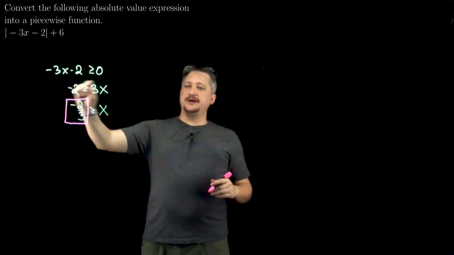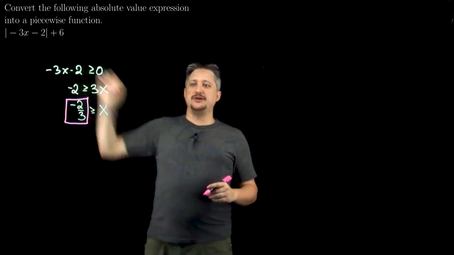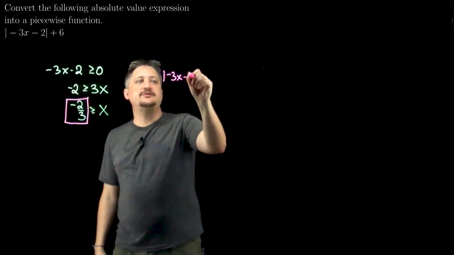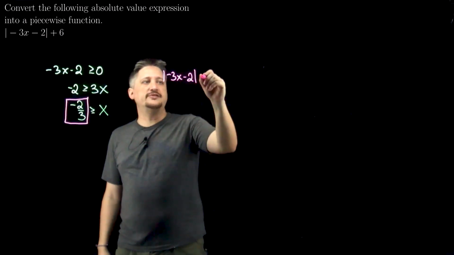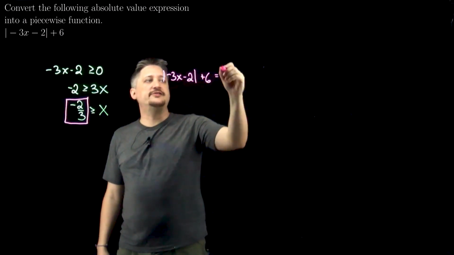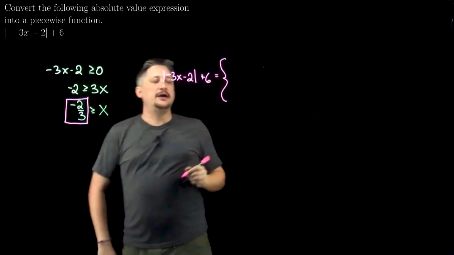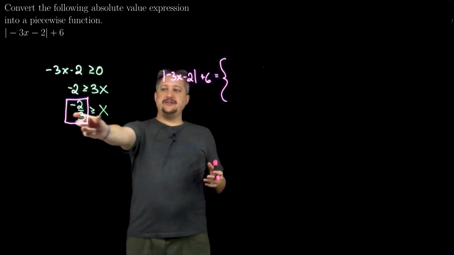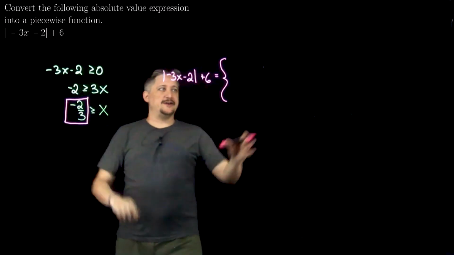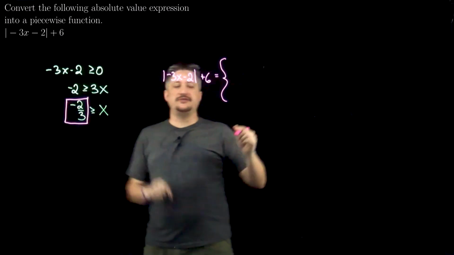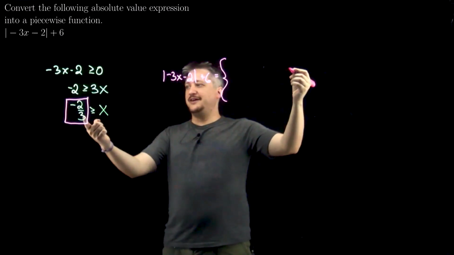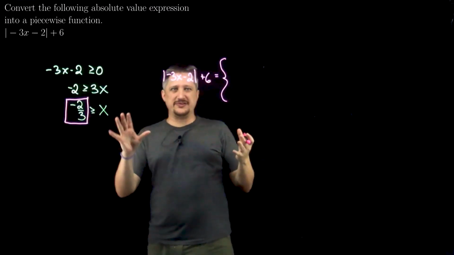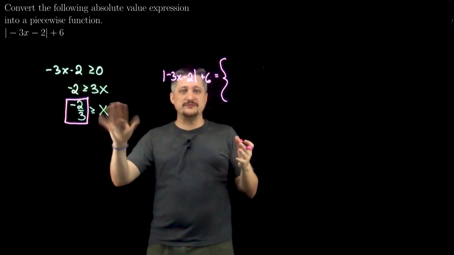So here, if my original function is the absolute value of -3x minus 2, plus 6, I want this to equal some piecewise function. This is going to be the part where I need to care for the off to the side bit. So I'm going to have a section where x is less than -2/3. Just for the sake of making it look nice, I'm going to flip it around a little.